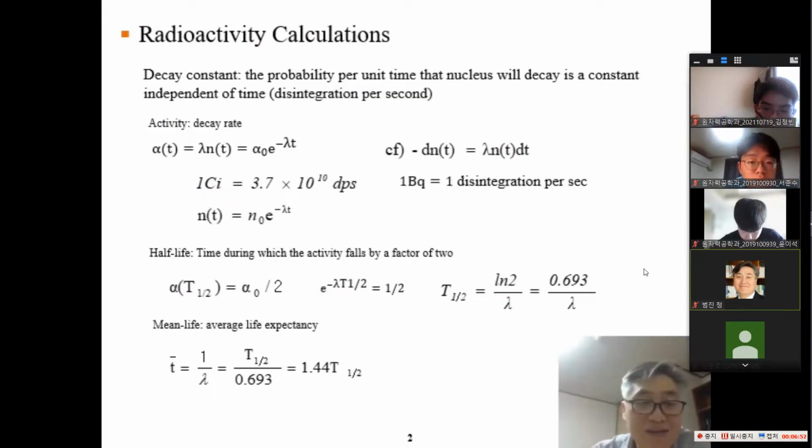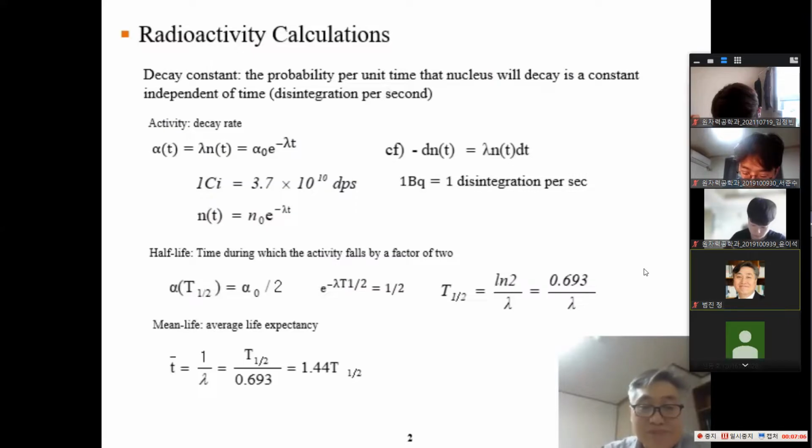The half-life is calculated like this. When the number of elements becomes half, that is the half-life, 반감기. From the first equation, when we replace small t with t half, we get this kind of equation.